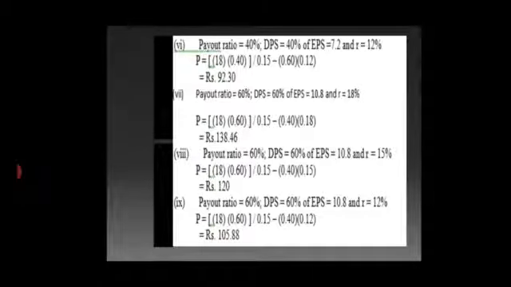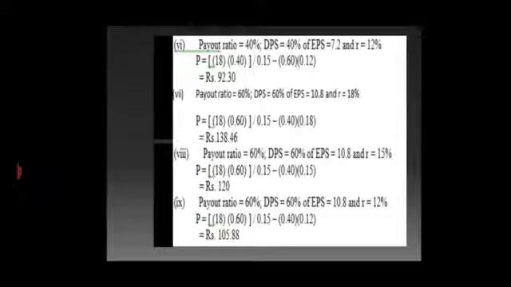Here the solution is given. I'm not reading everything, but I'm just giving the idea that you need to calculate the price of shares once you take payout ratio 25% and R at 3 levels. Then take payout ratio 40% and R at 3 levels. And then take payout ratio 60% and R value at 3 levels.